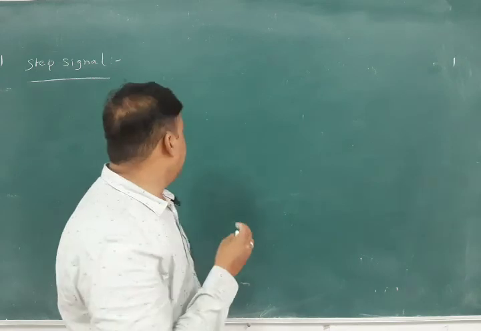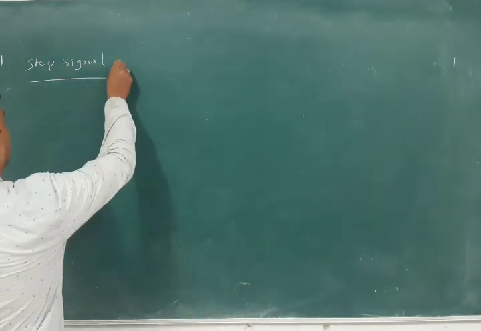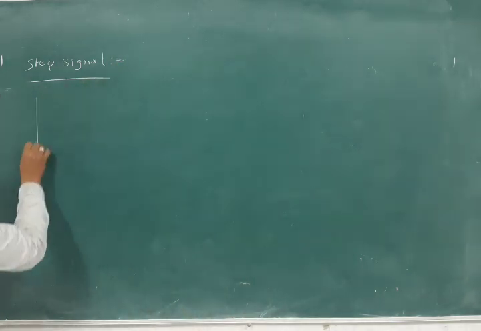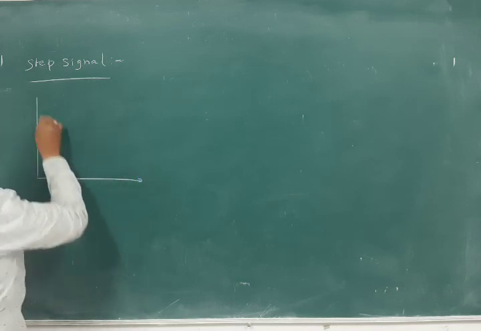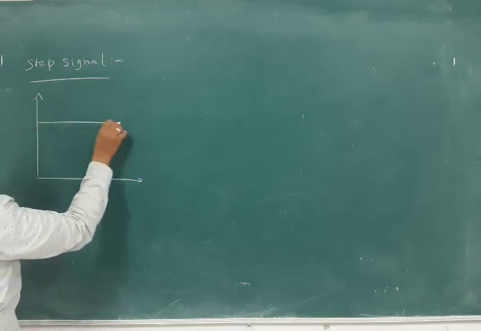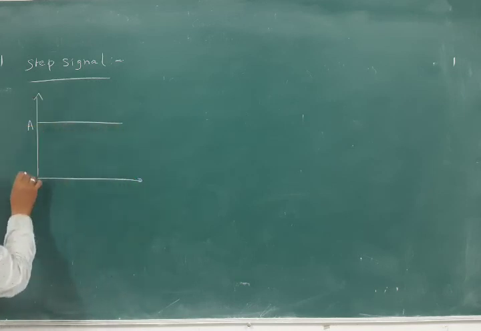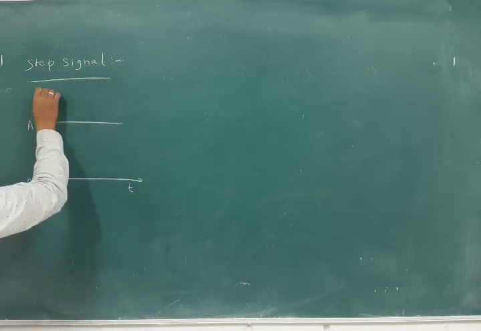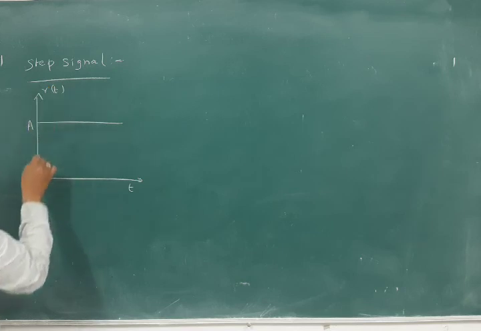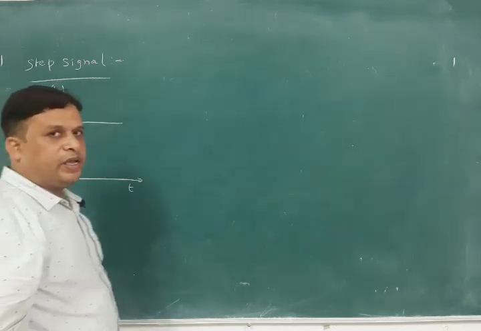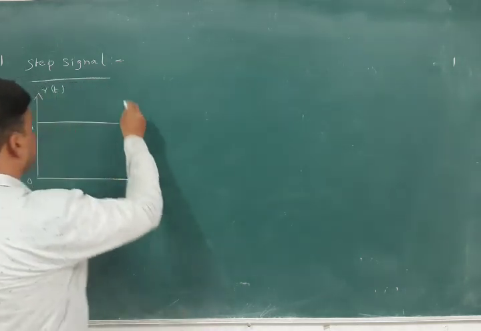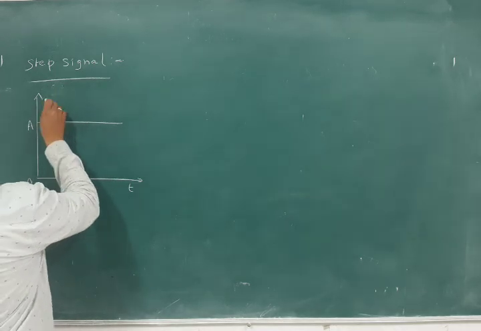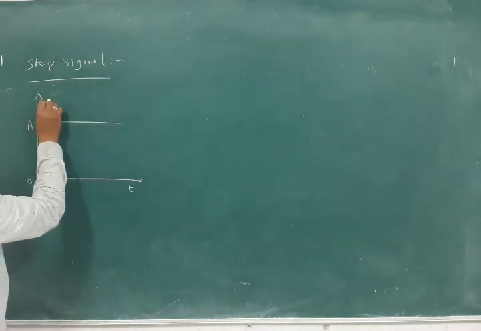We will draw the figure to show how it is defined. Suppose you have a graph with x and y axes, and a signal placed at A, with origin O and time t, and this is called R of t. So the step signal is denoted by R of t.